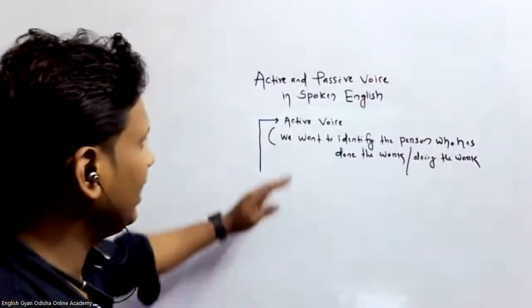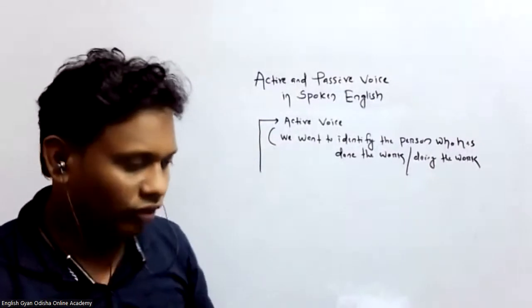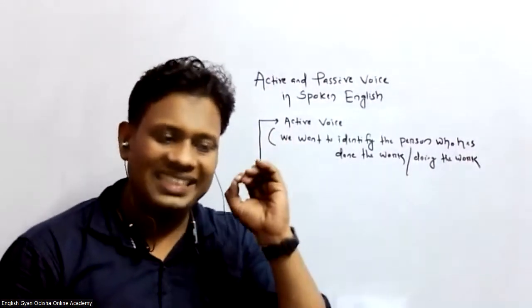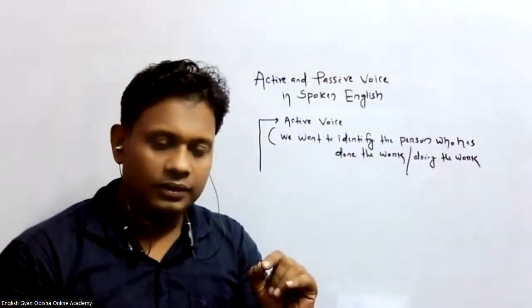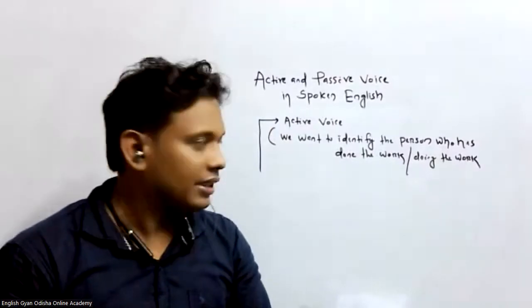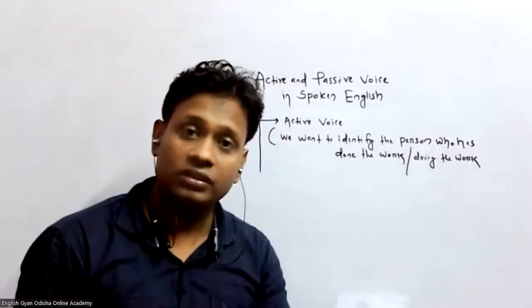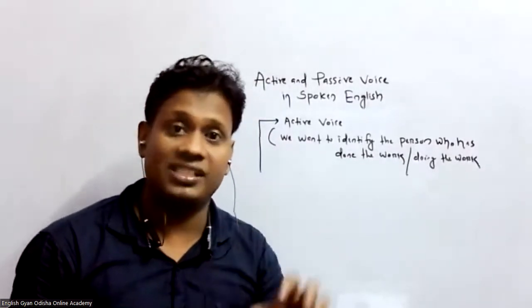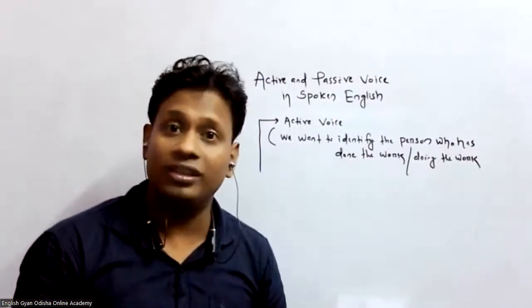Okay. So let me tell you. Remember, whatever we have discussed so far, whenever I say active voice, here I want to identify the person who has done the work or who is doing the work. I want to identify that particular person, right? I can say that my friend has broken the chair.